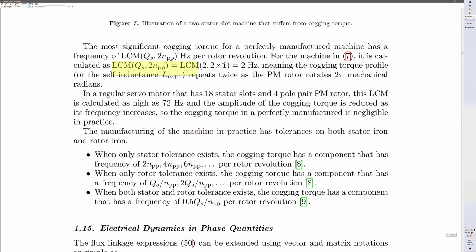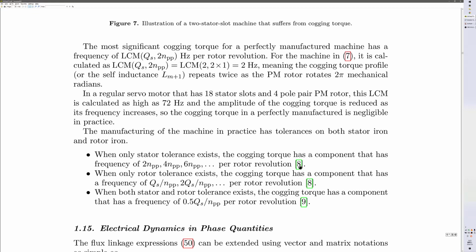The theoretical order for the Coulomb torque is usually very high order harmonic, which is usually very small in practice. But when the manufacturing of the machine is not perfect, which is often the case, there will be some lower order Coulomb torque in the motor.